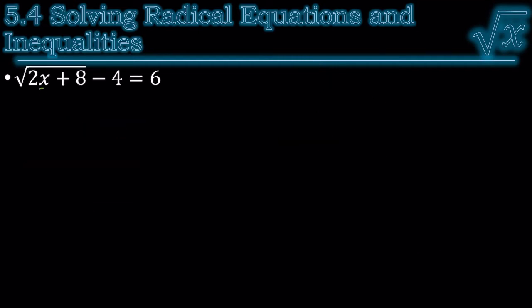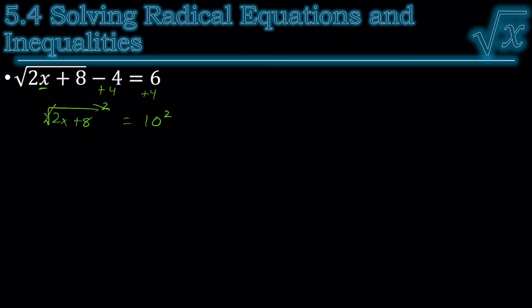Well, x is here. Let's just work from the outside in and get rid of everything away from the x. Start with the farthest thing away, which is the 4. So we'll add 4 to both sides. And then let's get rid of the square root. The index is a 2 if it's a square root, so we're going to square both sides.